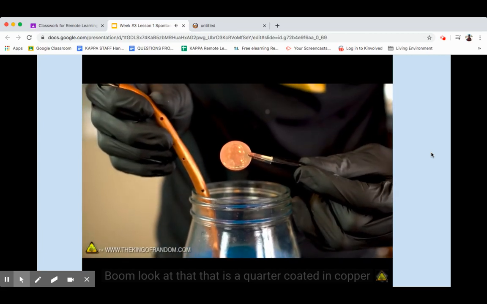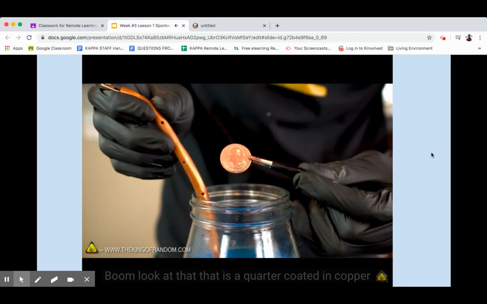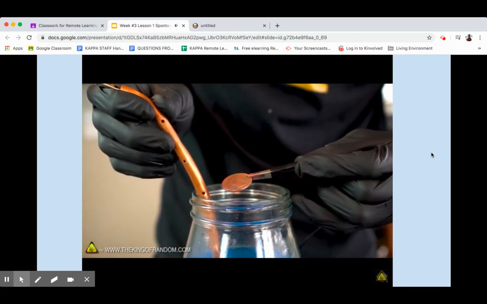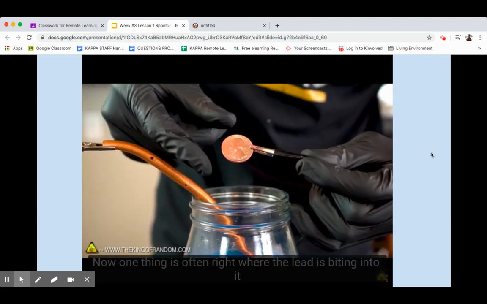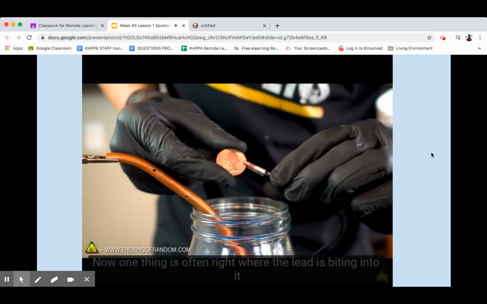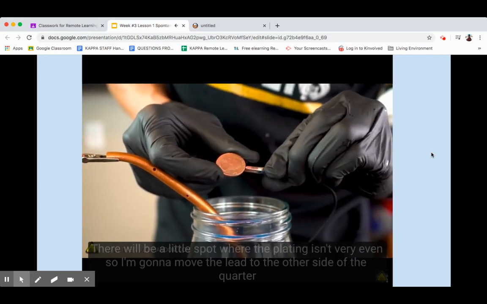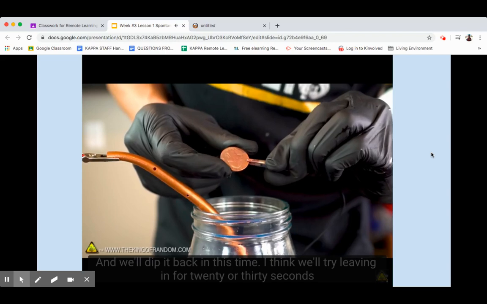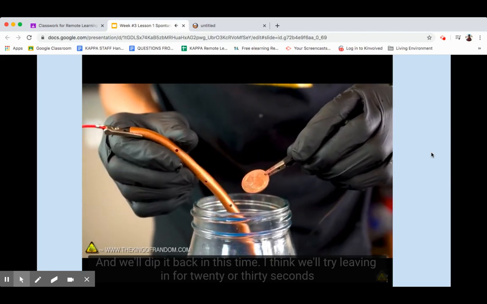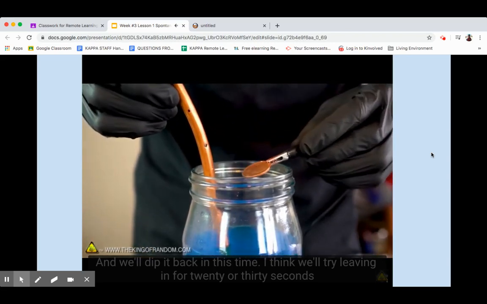Boom, look at that. That is a quarter coated in copper. Now, one thing is often right where the lead is biting into it, there will be a little spot where the plating isn't very even. So I'm going to move the lead to the other side of the quarter and we'll dip it back in. This time I think we'll try leaving it in for 20 or 30 seconds.